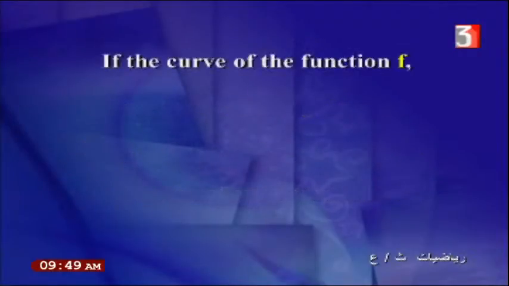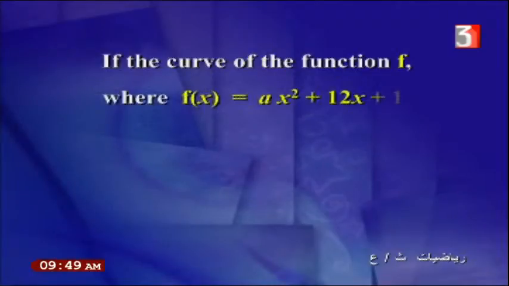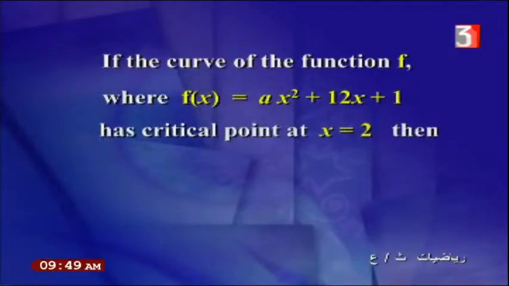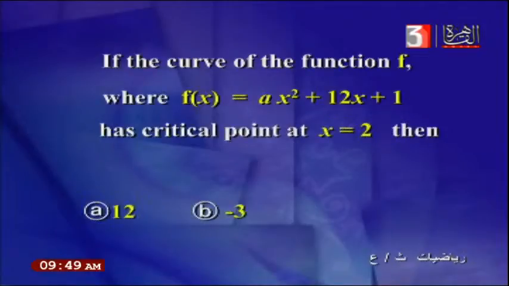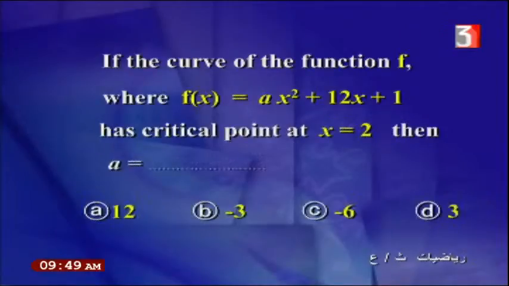Now, if the curve of the function f, where f of x equals ax power 2 plus 12x plus 1, has a critical point at x equal 2, then a equals 12, or a equals negative 3, or a equals negative 6, or a equals 3.